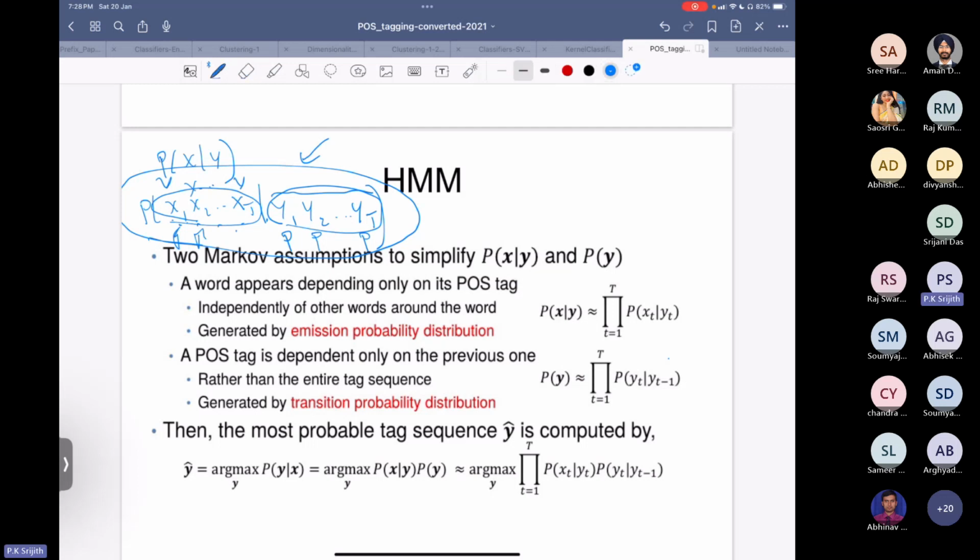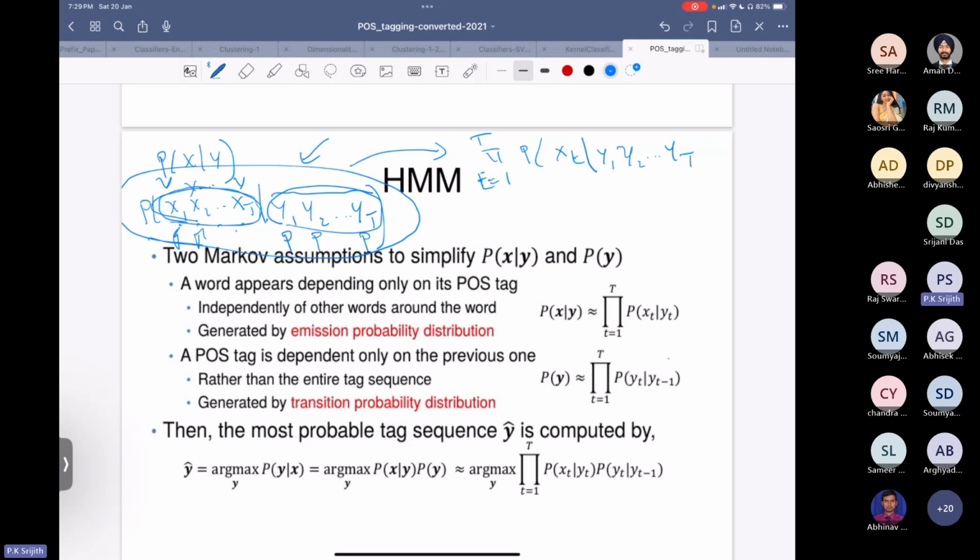Now, just following what the naive Bayes classifier does, you may end up writing this as product over t equal to 1 to capital T, probability of xt given y1, y2 up to y capital T. This is the assumption that you followed in the case of a naive Bayes classifier: different dimensions of x are class conditionally independent.